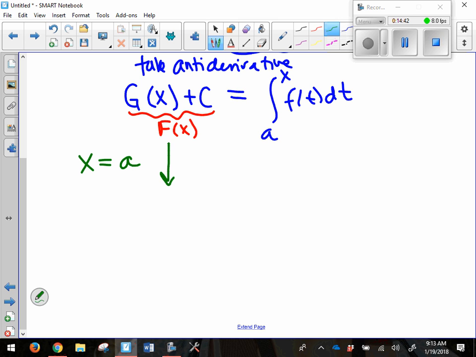This side is going to give me g of a plus c, whatever I got out of my antiderivative without the constant. And on the other side, I'm going to get the integral from a to a of f of t dt.